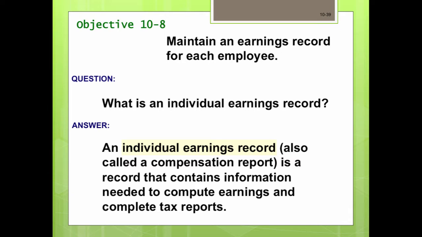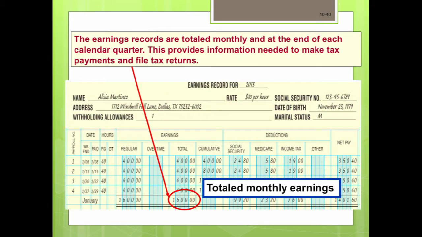So what is an individual earnings record? An individual earnings record, also called a compensation report, is a record that contains information needed to compute earnings and complete tax reports. Okay? And this is what it looks like.